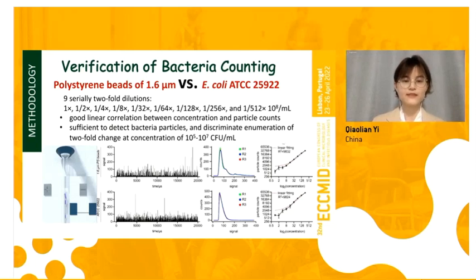The recorded resistive pulses caused by these particles showed good linear correlations between concentration and particle counts. That means the system is sufficient to detect bacterial cells. Moreover, it is able to discriminate enumeration of two-fold change, as well as the standard particles.